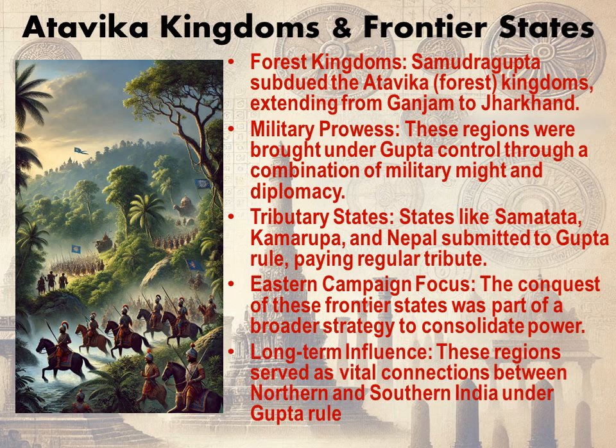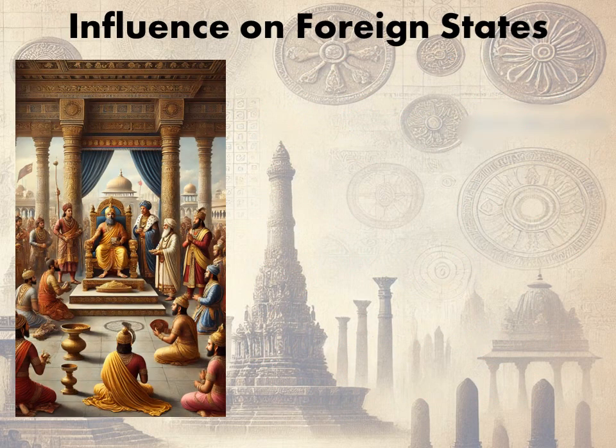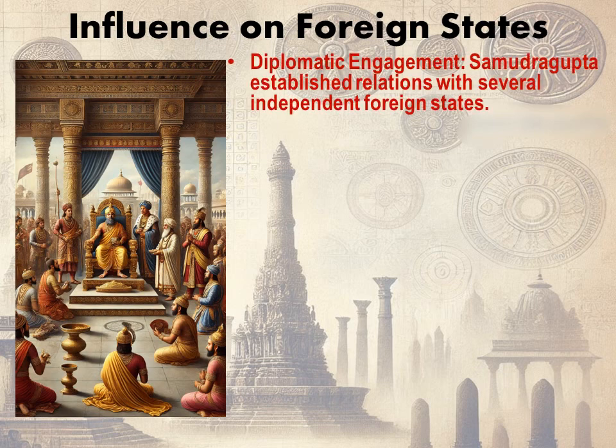These regions served as vital connections between northern and southern India under the Gupta rule. So, these regions were important for establishing a connection between the northern part of the Indian subcontinent and the southern part of the Indian subcontinent under the rule of Samudragupta. Influence on foreign states. How was his influence in the foreign states? Diplomatic engagement. Samudragupta established relations with several independent foreign states.